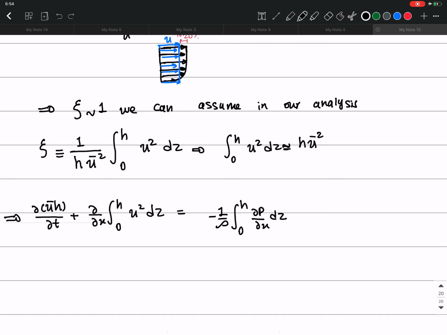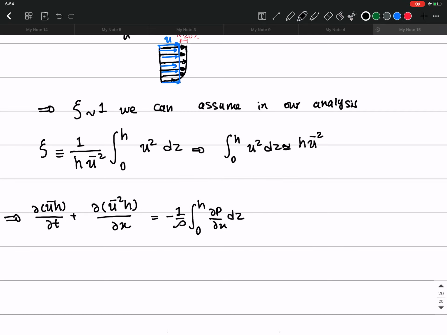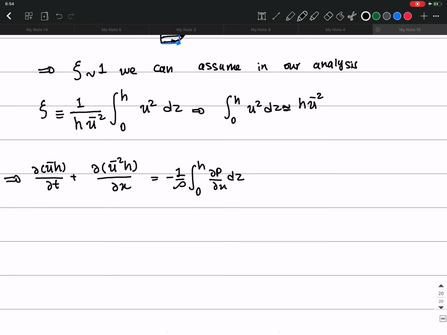So I can remove this and write it as partial of u bar squared h over partial x equals the right hand side.